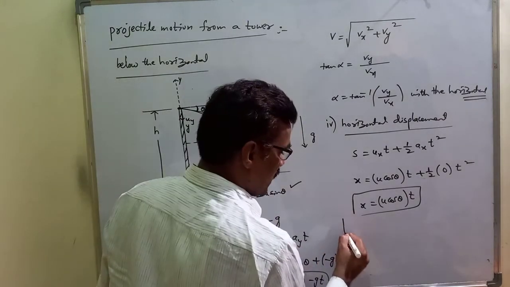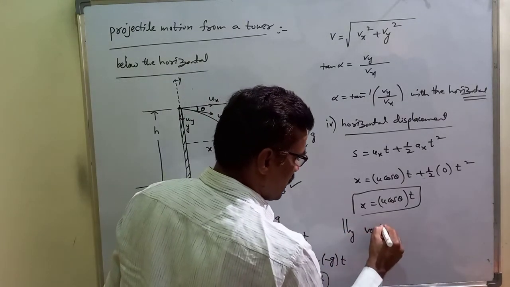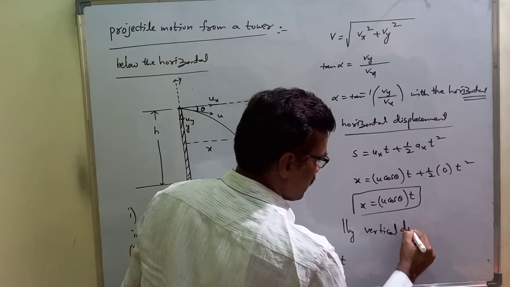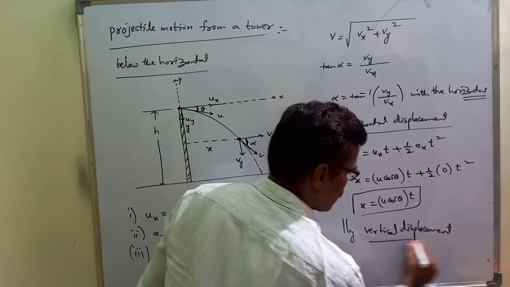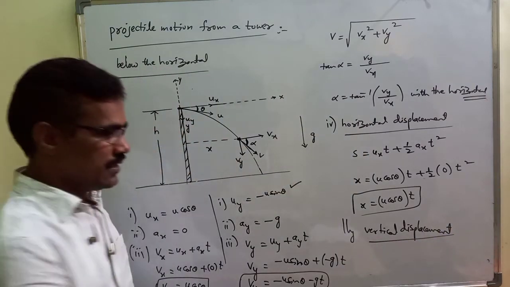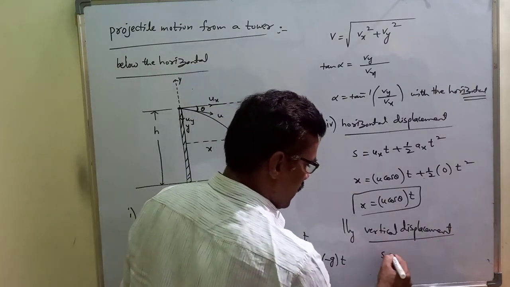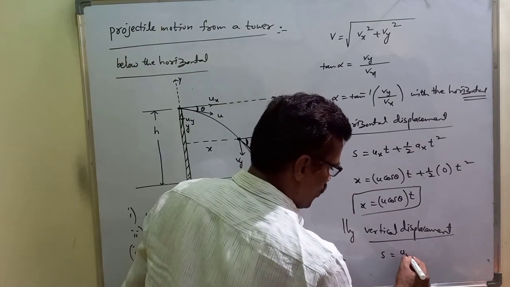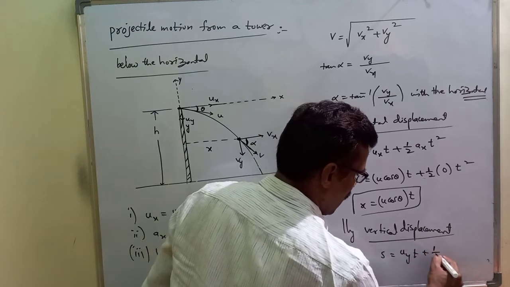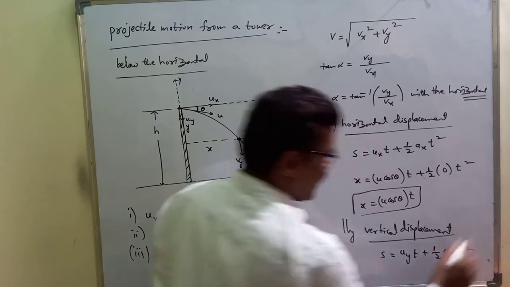Then what is the vertical displacement after t seconds? In the vertical direction the displacement is y. That's why S equal to uy t plus half ay t square.